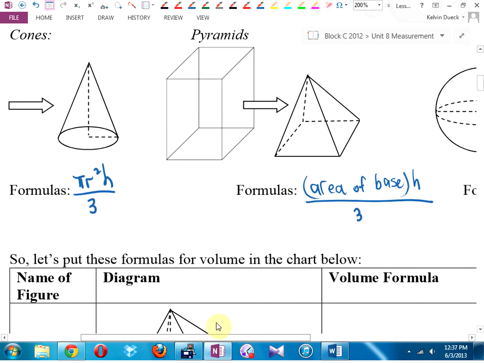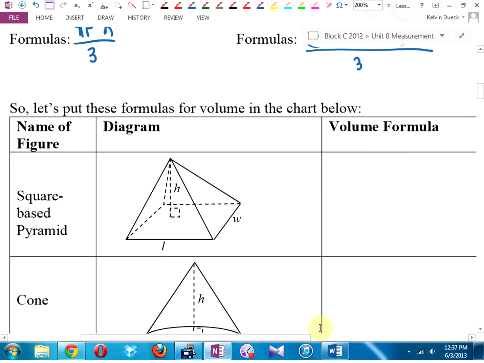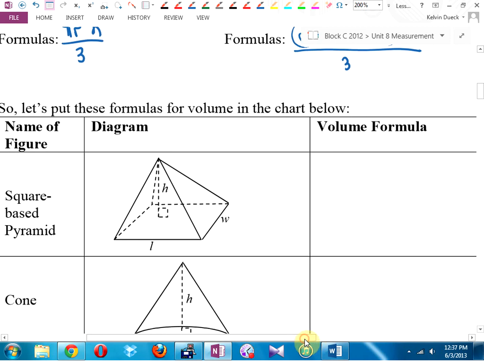So you ready? Let's put these formulas in. Square-based pyramid. It's a pyramid, and the volume is area of the base times the height, so I put an h there. What's the area of a square base?